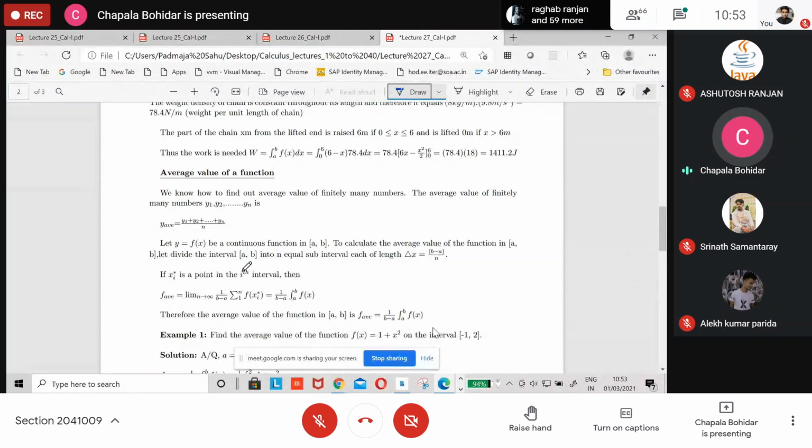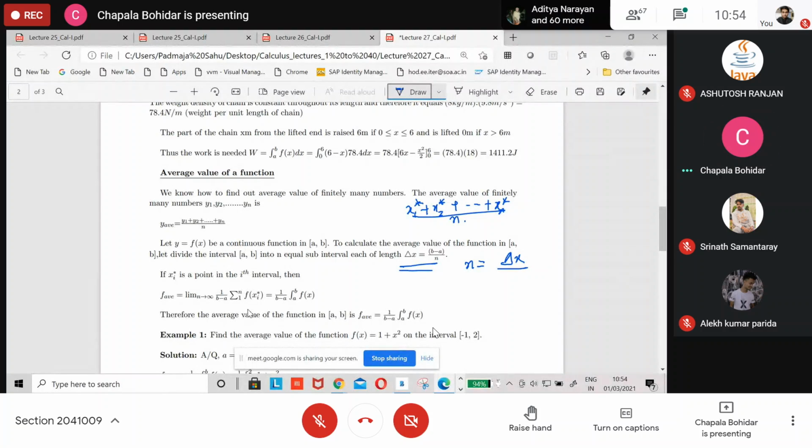the limit as n tends to infinity of 1 by n times the sum from 1 to n of f of xi star, that is f(x1 star) plus f(x2 star) up to f(xn star) divided by n. So n is equal to b minus a by del x, so it is written as 1 by b minus a times sum f(xi star) del x.